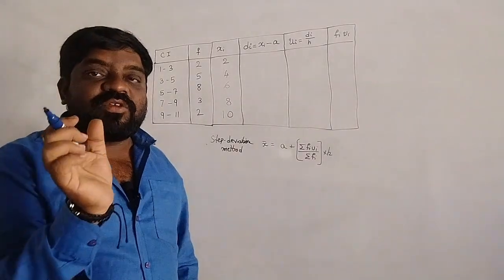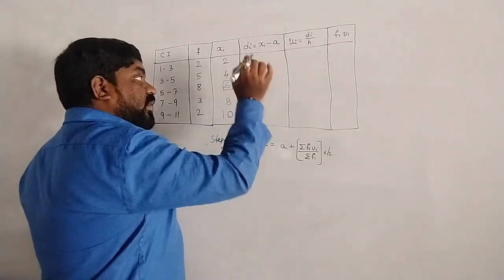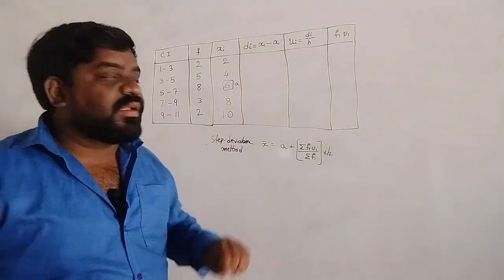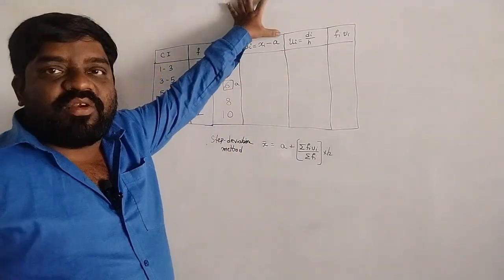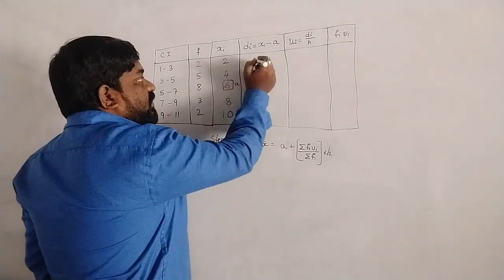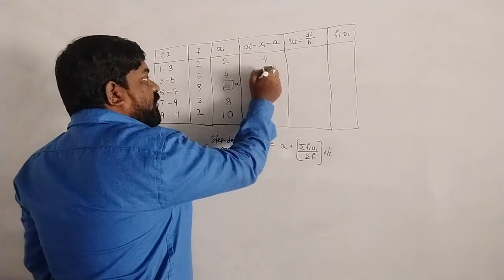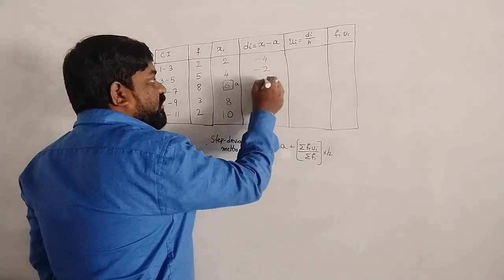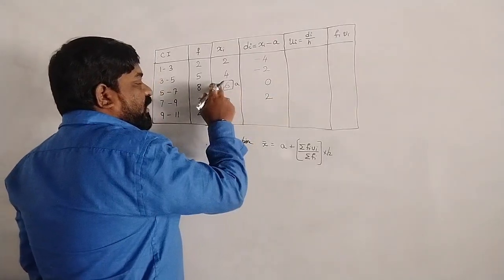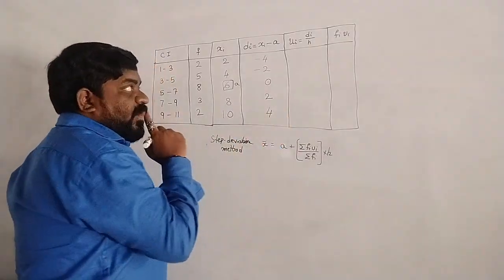After that we need to assume a number in the xi column and mark it as a, and now find di. The formula is xi minus a, already we have done in assumed mean method. Now 2 minus 6 is minus 4, 4 minus 6 is minus 2, 6 minus 6 is 0, 8 minus 6 is 2, 10 minus 6 is 4.